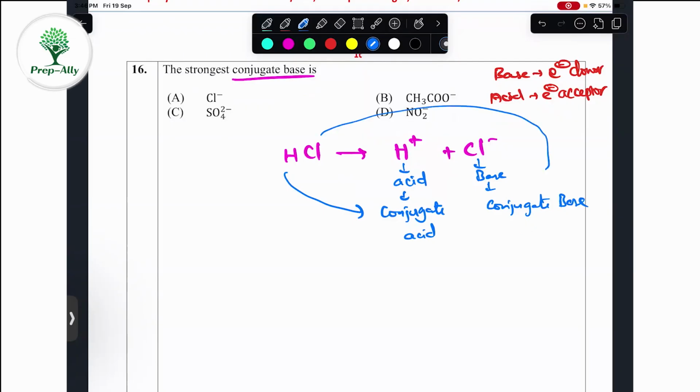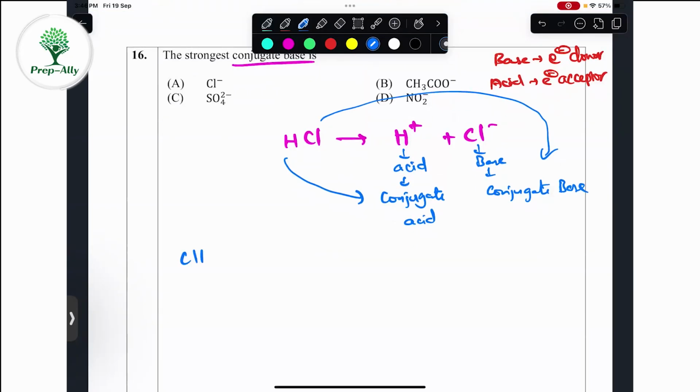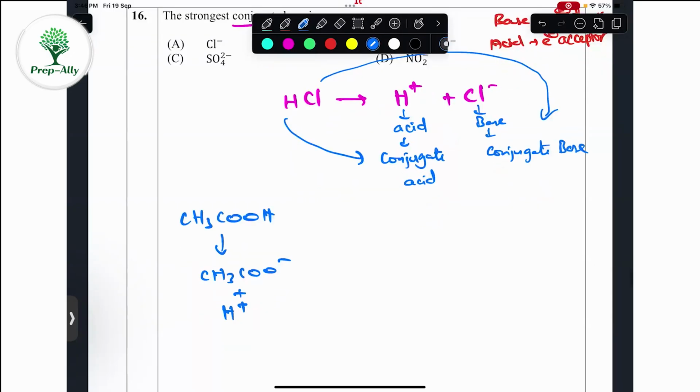So this is what they mean. Okay. If I have CH3COOH acid, it is going to dissociate into CH3COO minus and H plus. And this is a weak acid. So what happens is it won't dissociate further.